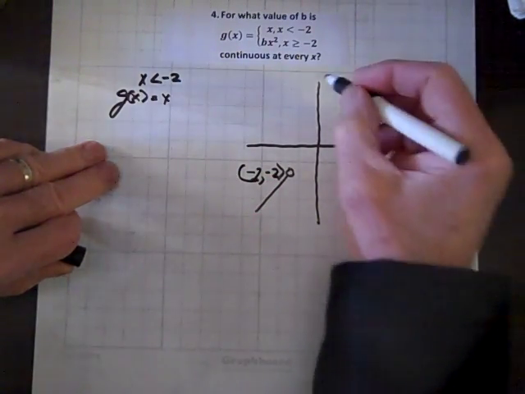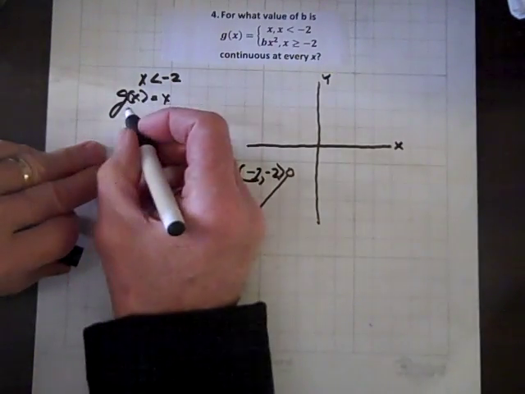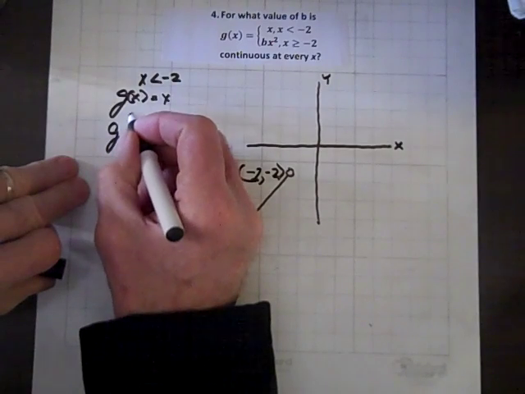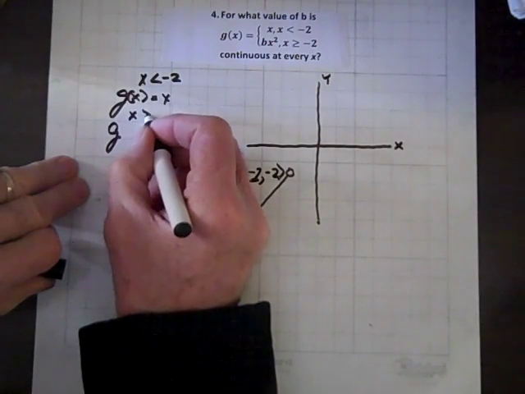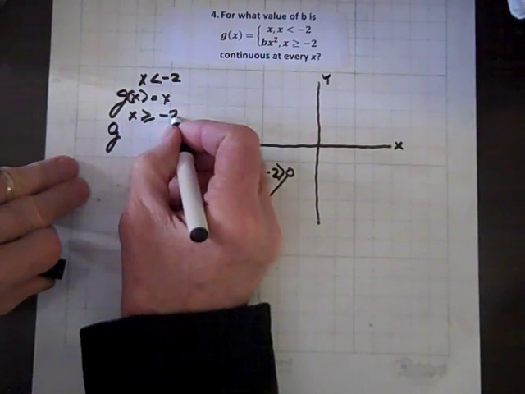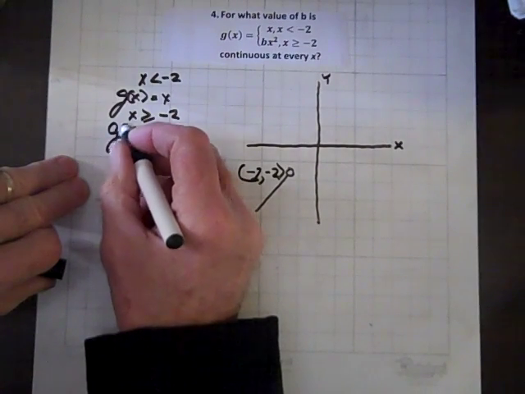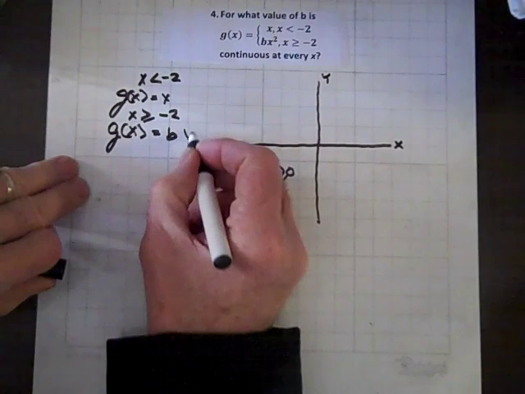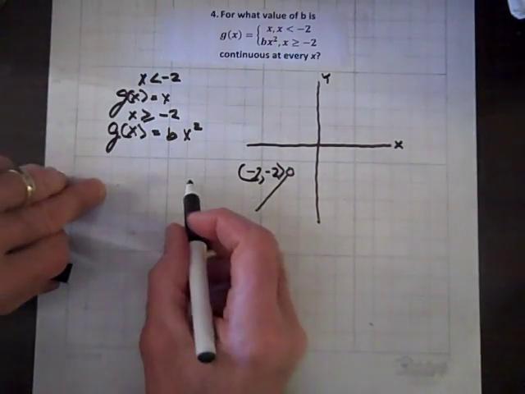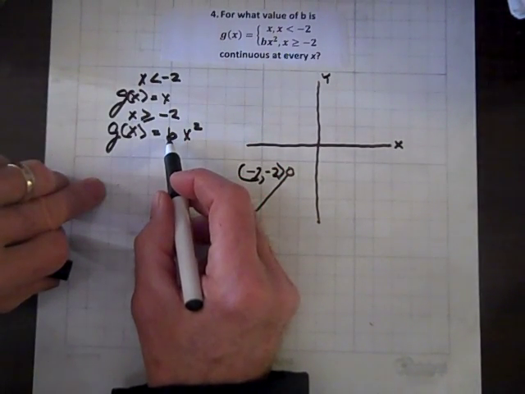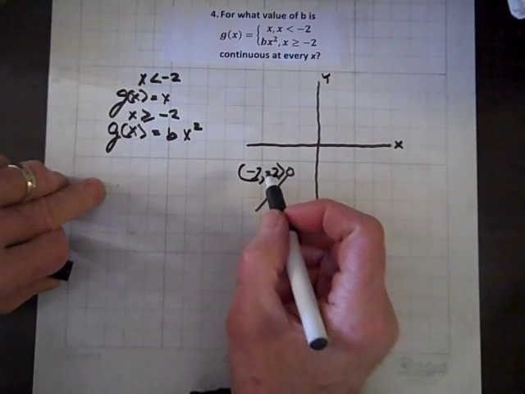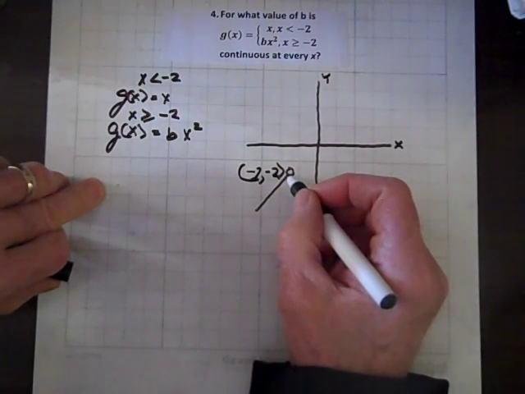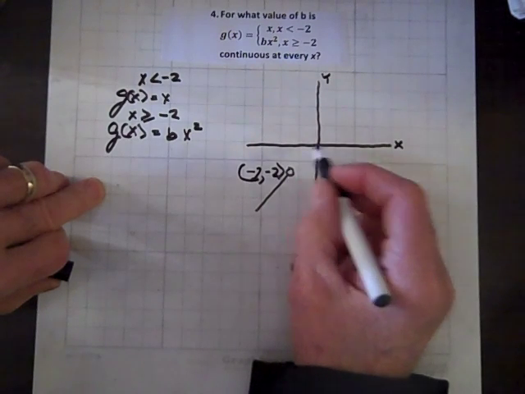So good. Now we'll look at the second piece of the graph, and that is g of x for x greater than or equal to negative 2. G of x equals bx squared. And our task is to find a value for b such that the finished graph will be continuous.